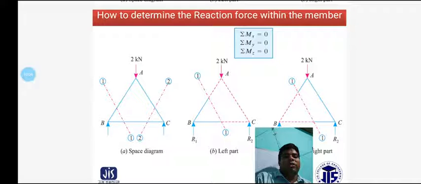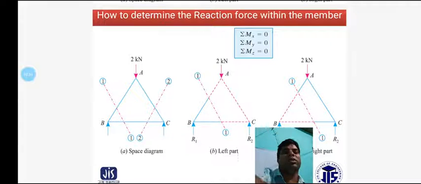So in any axis, like summation of Fx, that means summation of all forces acting in the x axis, summation of Fx should be 0, and then the summation of Fy should be 0 and summation of Fz is equal to 0. Now in opposite sides, within the member we can find out the total moments should be 0. So that means summation of Mx is equal to 0, summation of My is equal to 0, and summation of Mz is equal to 0.